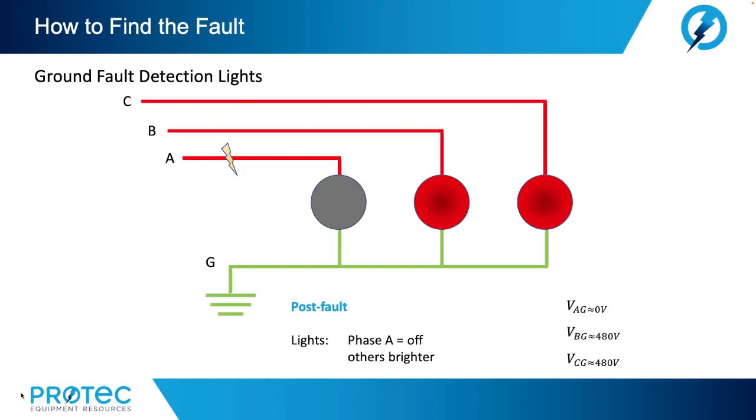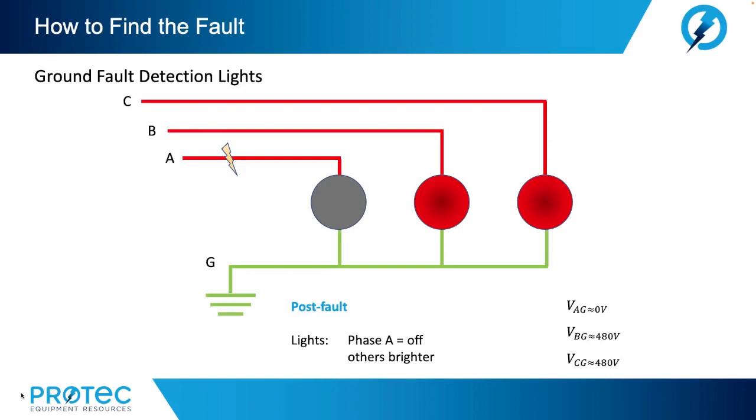But as we see here, if a fault were to have occurred on A, in post-fault, the A phase lamp would be off and the others would be brighter. Now, basically the voltage from A to G would be 0. Voltage B to G would be about 480 volts, and voltage C to G would also be about 480 volts.